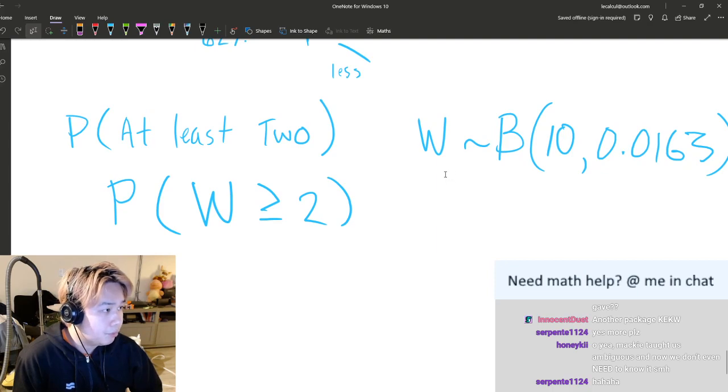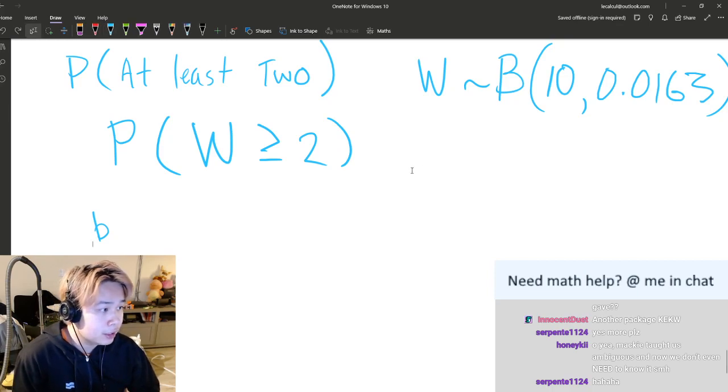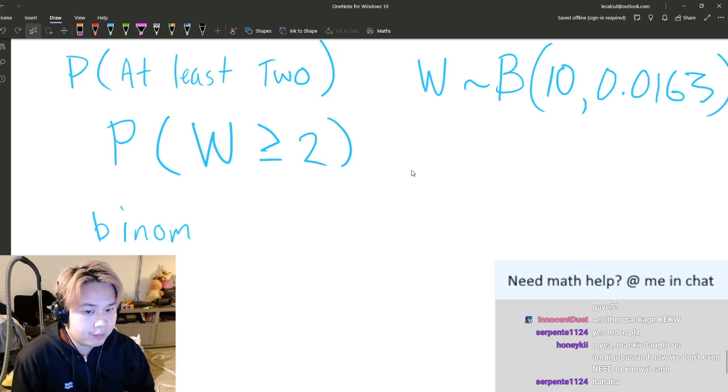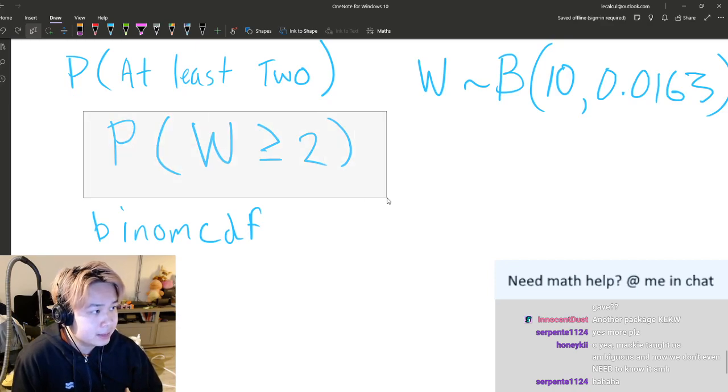Okay, so there you go. First, this is a cumulative binomial function, because we want to add multiple instances of W. It can be 2, 3, 4, all the way to 10. So this is a binomial CDF. However, just like with the inverse, cumulative distribution, at least in the TI-84, is an upper boundary and this is a lower boundary.